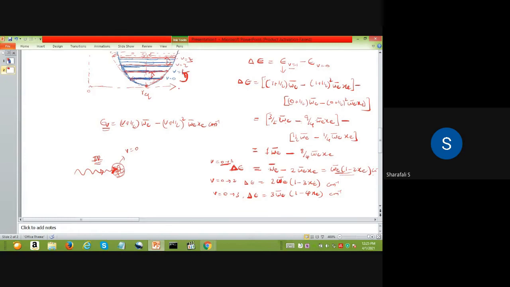That is the transition from v equal to 0 to v equal to 1, in which the molecule absorbs the IR radiation and goes to the higher energy level.